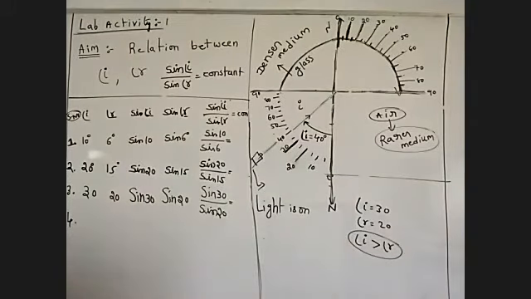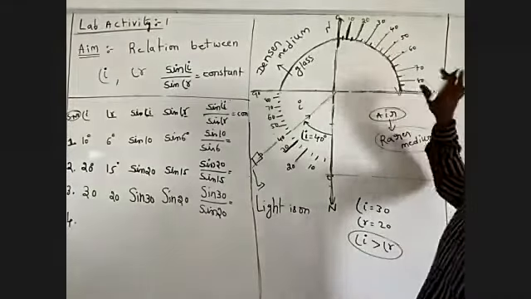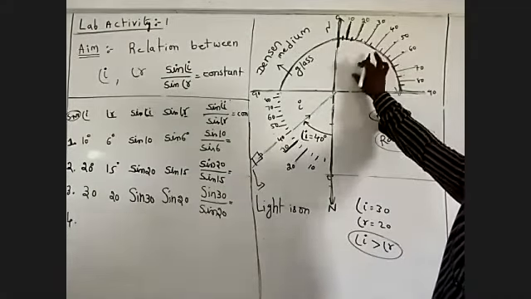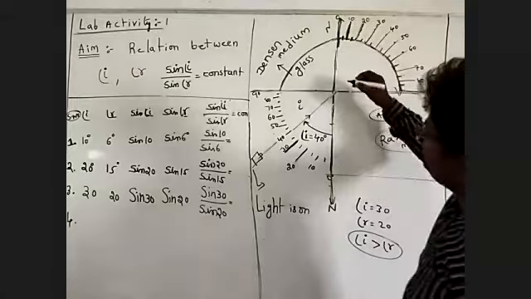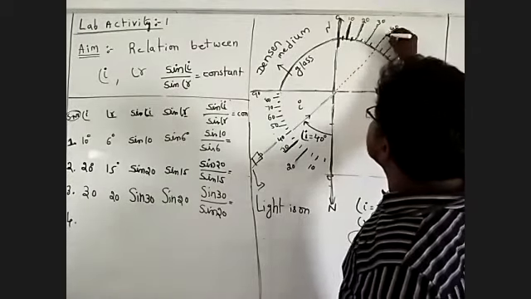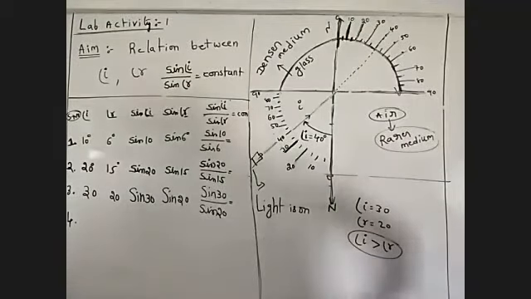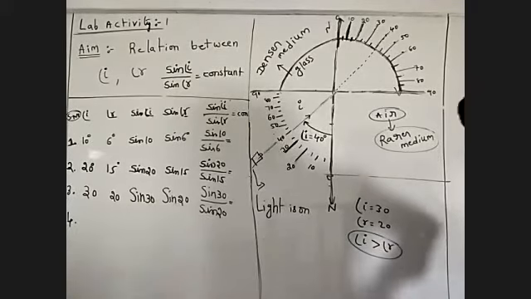Now the light ray travels from the rarer medium to the denser medium. But consider the actual direction of the incident ray. Suppose there is no glass, no protractor, so what will happen? This ray travels along this direction. This is the actual direction of the incident ray.